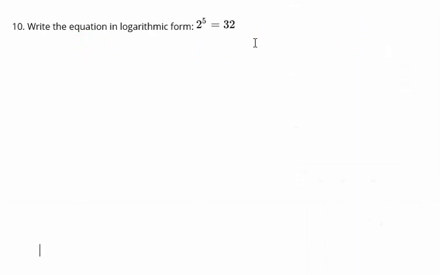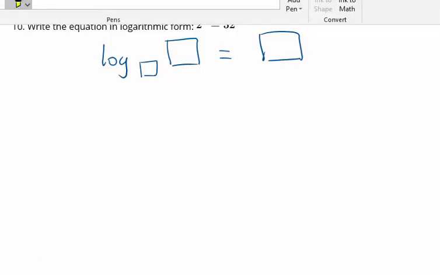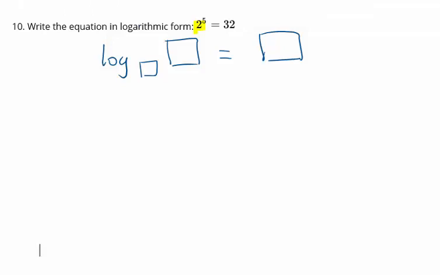Okay, number 10, we want to rewrite the equation in logarithmic form. So we're going to write log and then kind of just imagine 3 blanks, write them down on your piece of paper. The base of the power is going to correspond with the base of the logarithm. So I'm just going to put a 2 there.